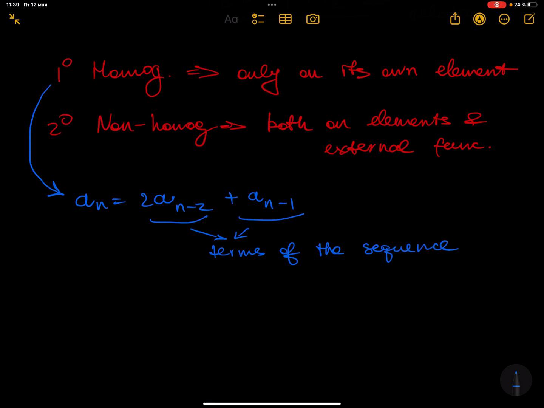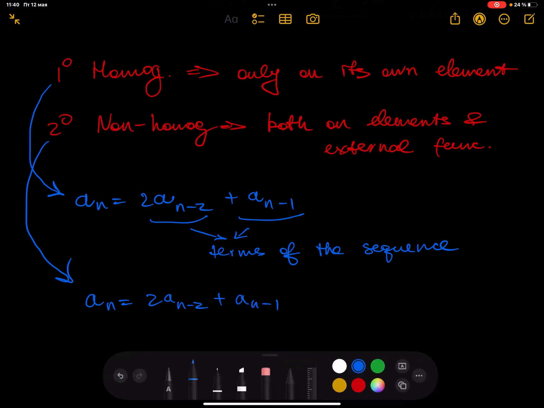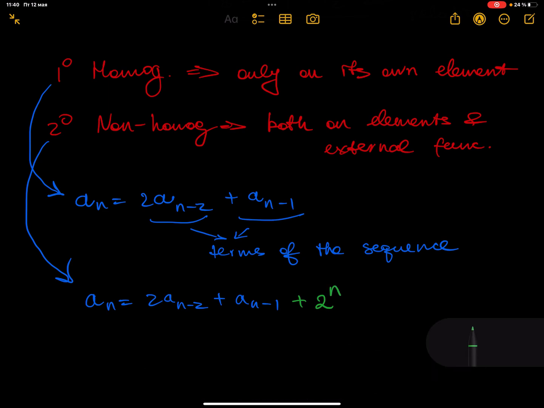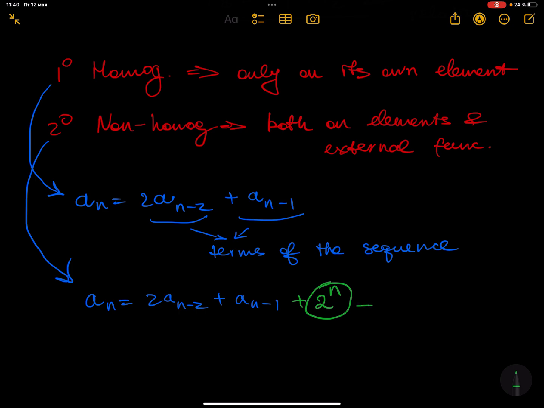So what about non-homogeneous? Let me copy this sequence above, but now I'm adding, not a, but 2 to the power n. You see, this is an external function. It's not part of the sequence. This is not the previous element, not the next element, not n plus 1.